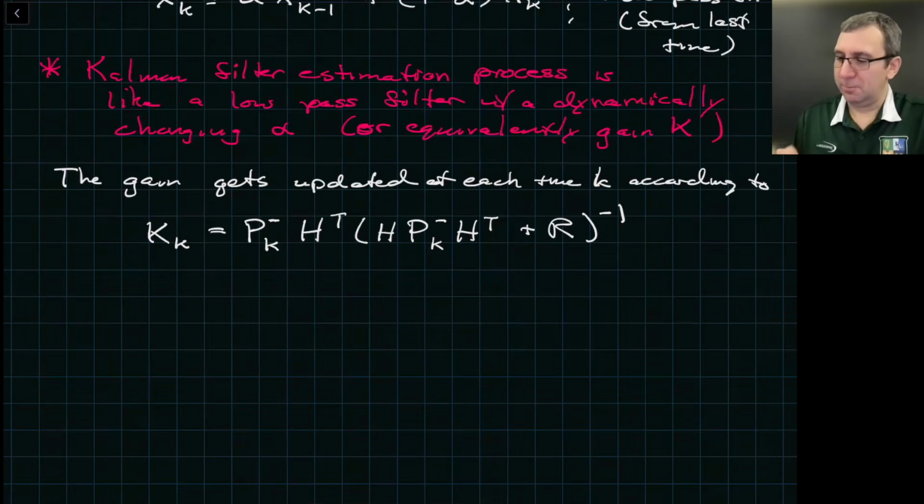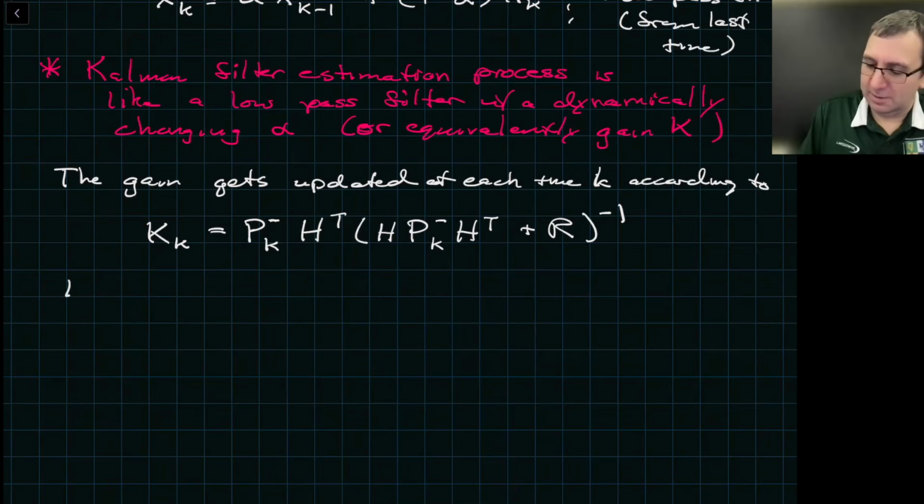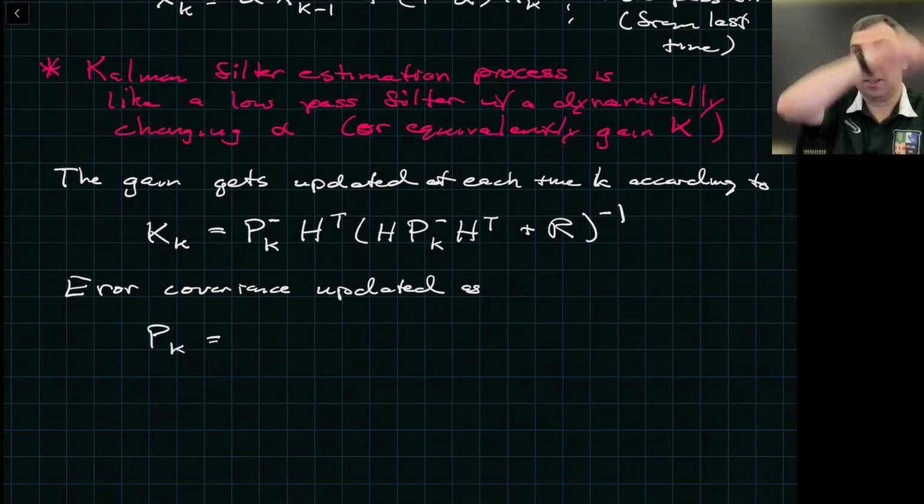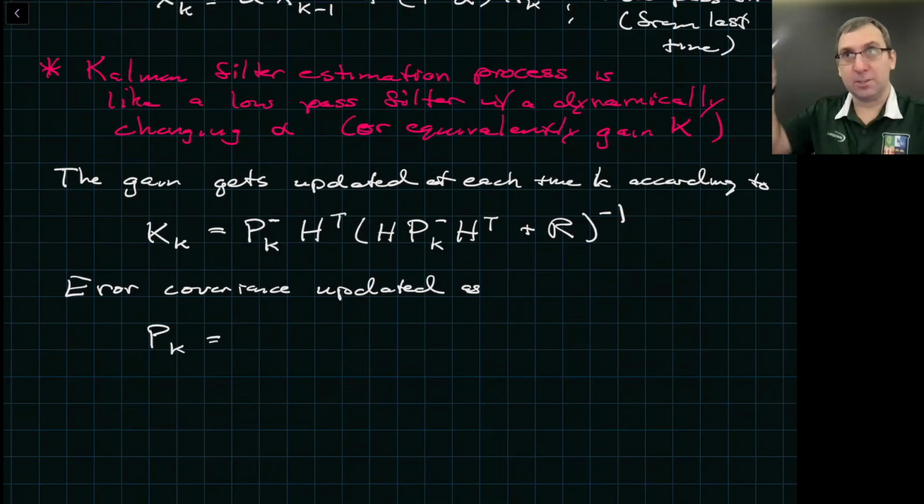So this is part of the dynamic updating of the gain. The error covariance also gets updated. And then this goes into the next time step, and you just sort of loop through.